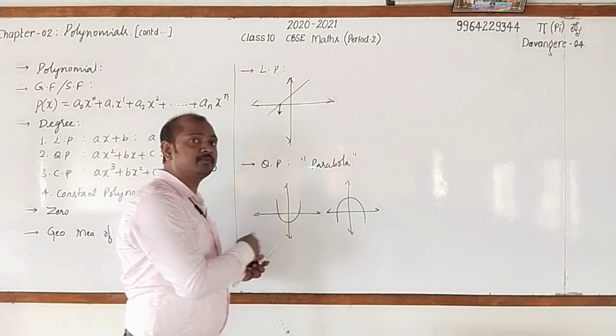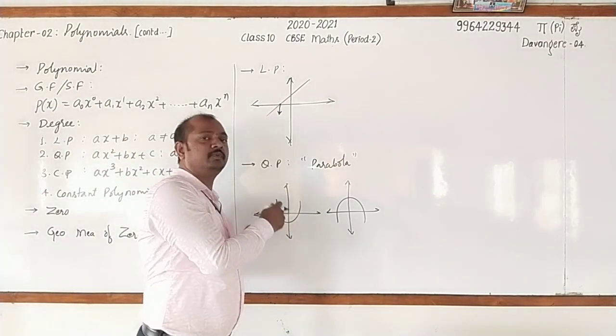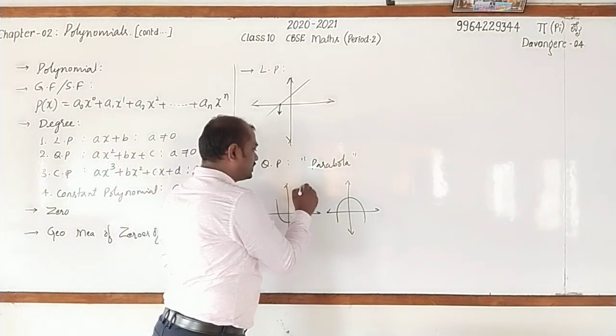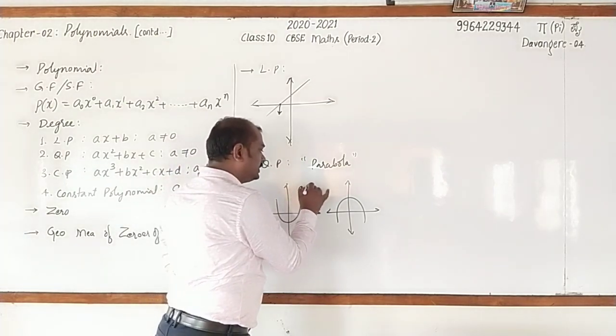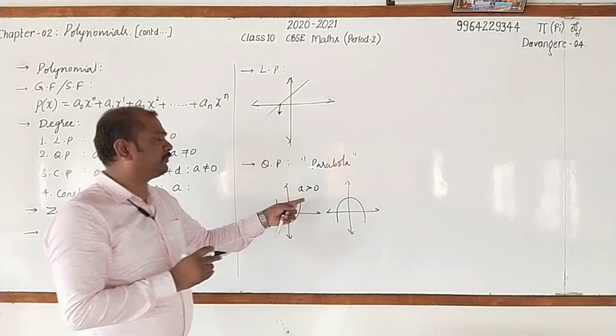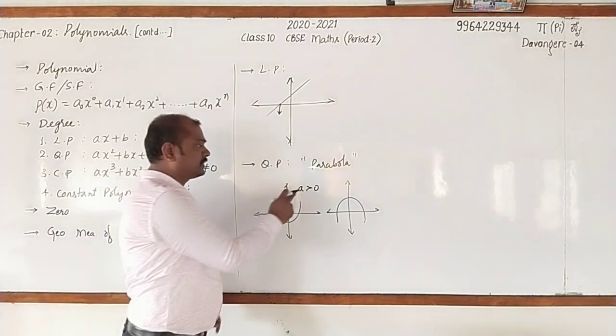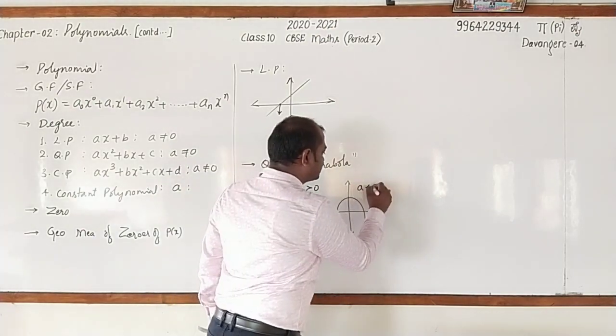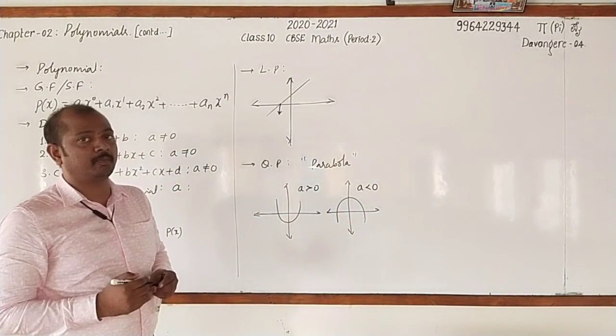But there is a condition for these two. Under what condition do we get an upward U? In the standard form, if a, which is the coefficient of x square, is greater than 0, we get an upward parabola. Then if a is less than 0, we get an inverted parabola.